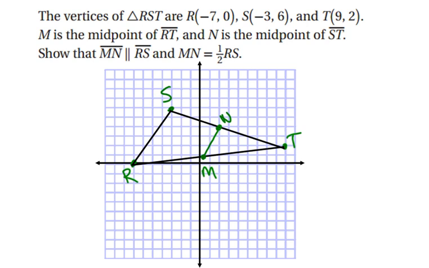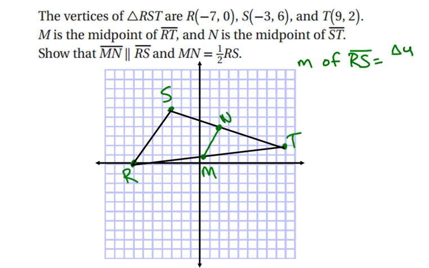length of RS. So I'm not going to go through all of this math because it's fairly straightforward, but you need to know the distance formula. You need to know the midpoint formula, and with those two things in mind, and then also the idea of slope, if we look at the slope of segment RS, for instance, it's just the change in y over the change in x.